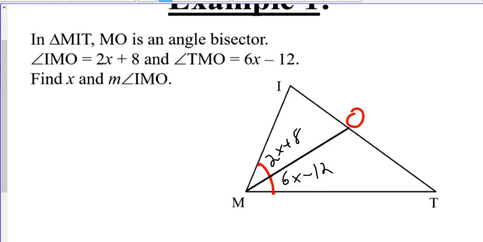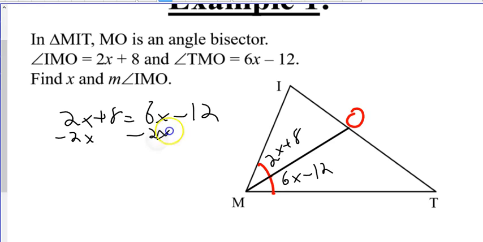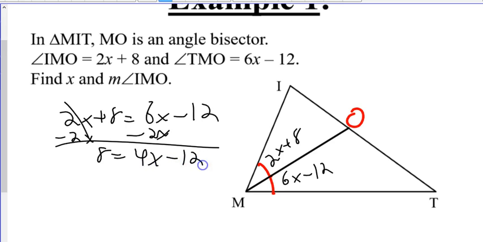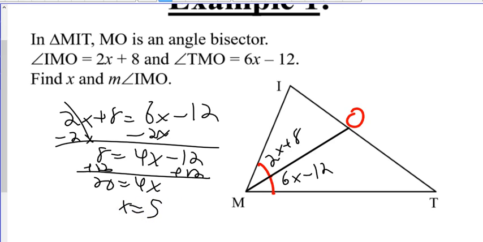Find x and IMO. Well, we marked them equal to each other, so we're going to say 2x plus 8 equals 6x minus 12. I like to keep my x's positive, so I'm going to subtract 2x. And that gives me 8 equals 4x minus 12. Add 12 to both sides. And I get 20 equals 4x. And when I divide by 4, x is going to be 5.